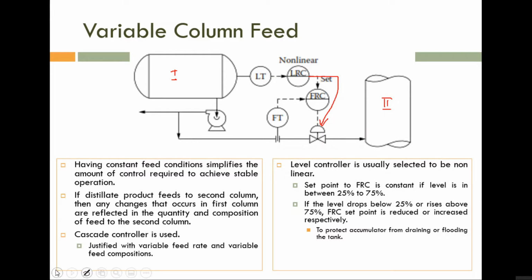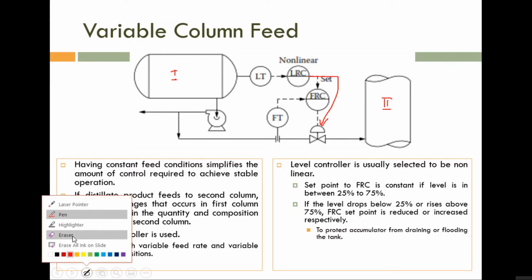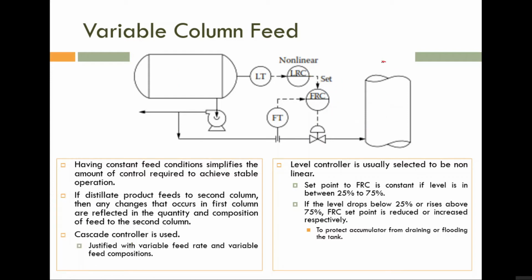Okay, now just before this slide we discussed this part. This one is the feed flow rate controller. So now what is happening? Now we combine the level controller of the first distillation tower and the feed controller of the second distillation tower.